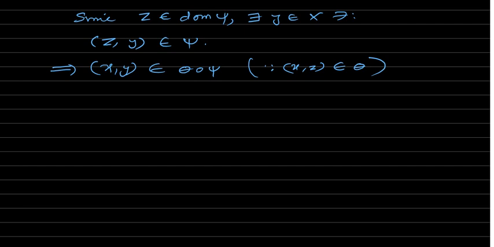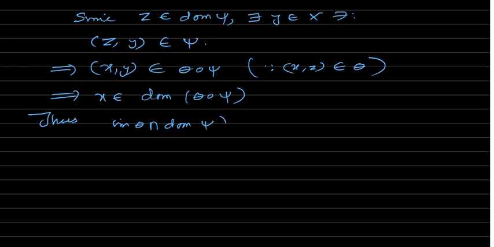So it means that x belongs to the domain of theta composition psi, because x has an image y under theta composition psi. Thus we have image of theta intersection domain of psi of theta inverse is contained in domain of theta composition psi.